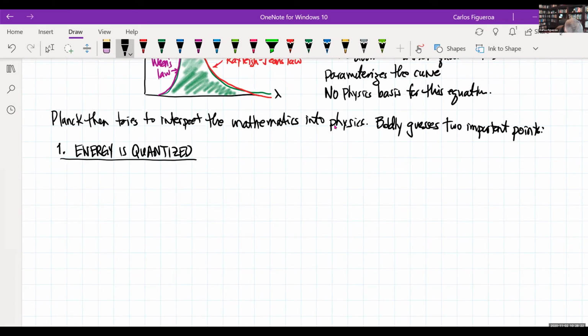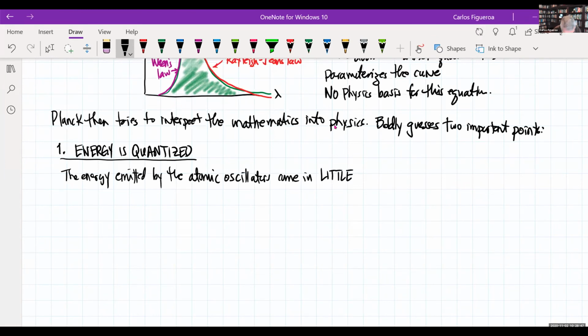So his thing here is, it says that the energy emitted by the atomic oscillators come in little, as he says it, little discrete lumps. Okay? But even though he says that, look what he says next.